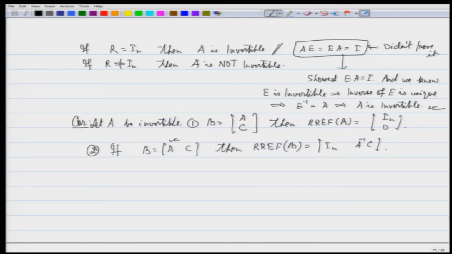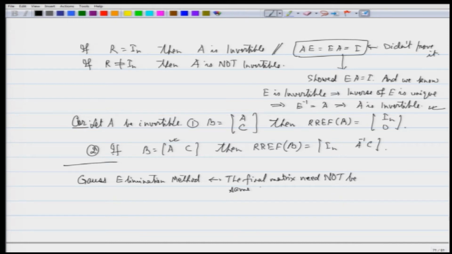Now, what we had learnt was that when we apply the Gauss elimination method, we got different matrices. The final matrix was not to be the same for all of us, all right.